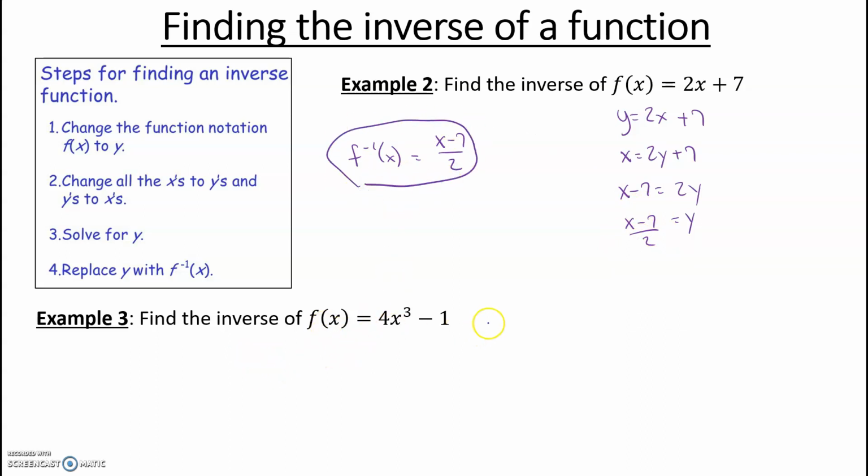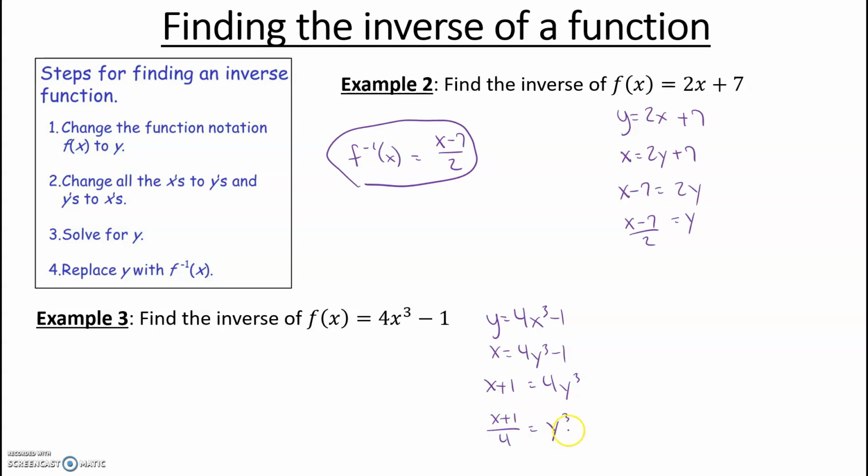Next one, let's try it again. Same steps. y equals 4x cubed minus 1. We switch our x and our y, and we solve for y. We add 1 to both sides, and divide both sides by 4.